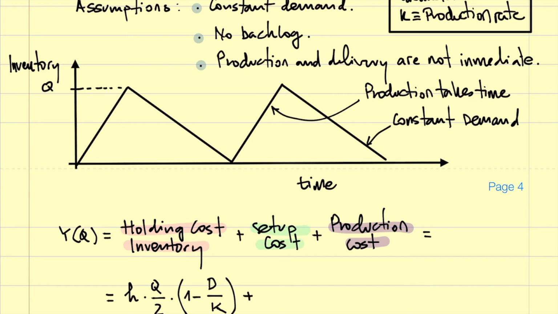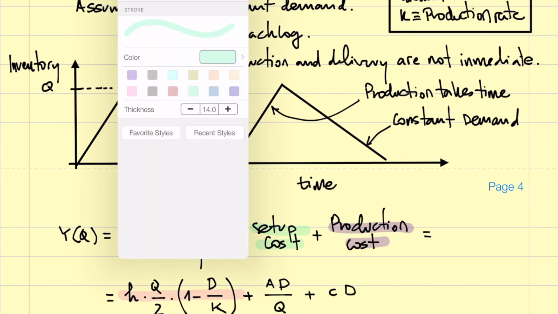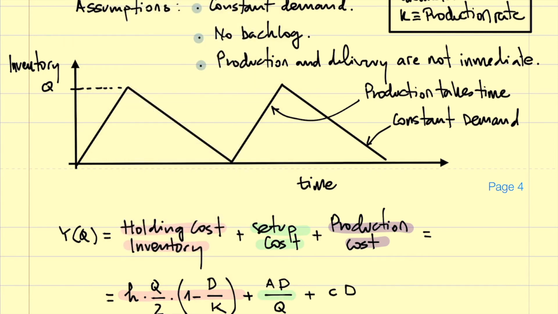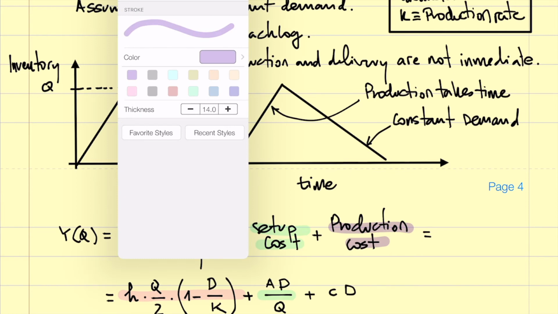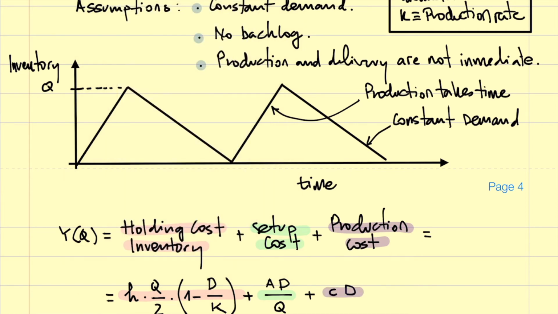Plus the setup cost, A D divided by Q, plus C times D. Okay, so this is this, this is this, and this is that.